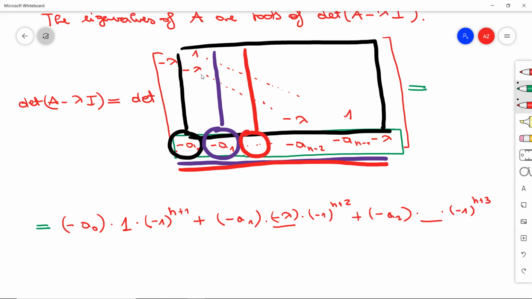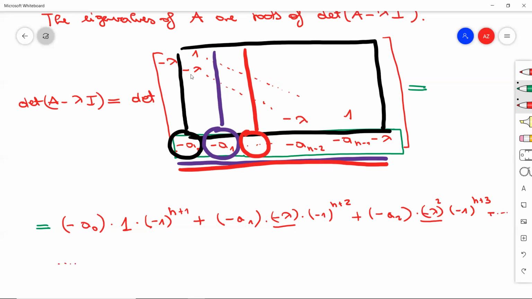What's the determinant of the matrix without the third column and the last row? Yes, minus lambda squared. So here we have again a lower diagonal matrix. In the first two diagonal entries, we have minus lambda, and then we have ones. So it's minus lambda squared, and so on.